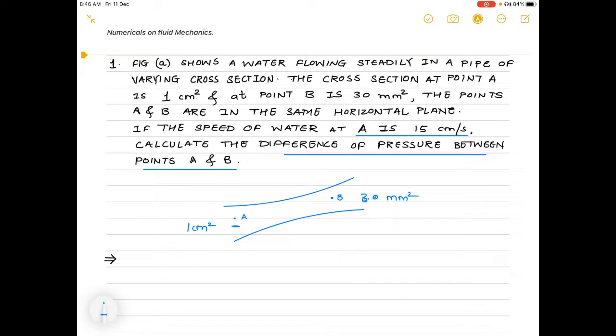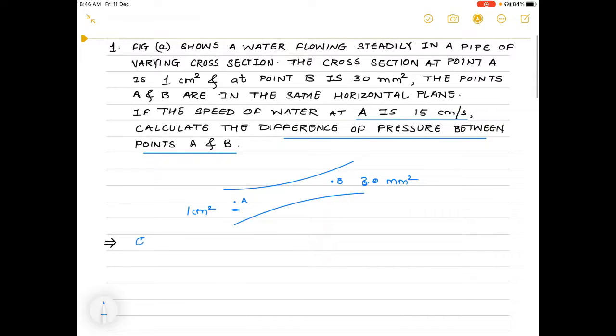So first we will see what the given data in this numerical is and what we have to find out. We have been given area A1, which is 1 centimeter square, and area A2, which is 30 millimeter square. When converted into centimeter square, we get 0.3 centimeter square.